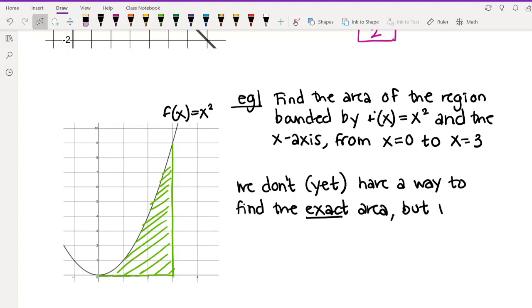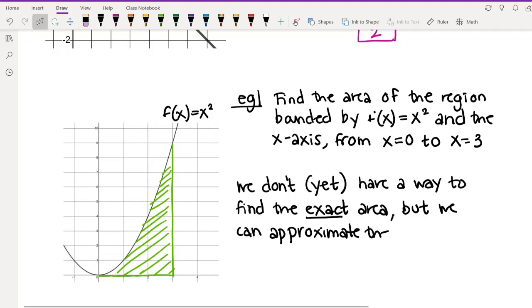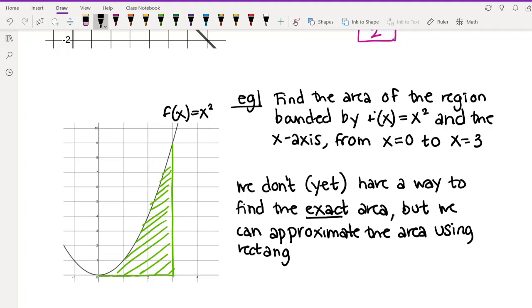But what we'll see is that we can approximate the area. And what are we going to use to approximate the area? We're going to use rectangles. And so we'll see on the next page what that looks like.